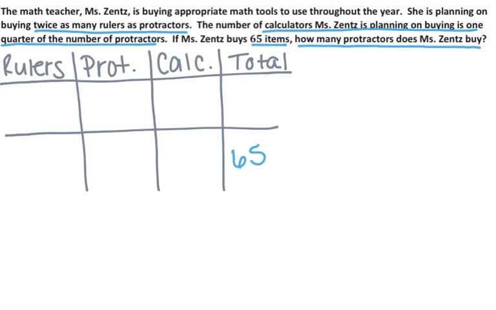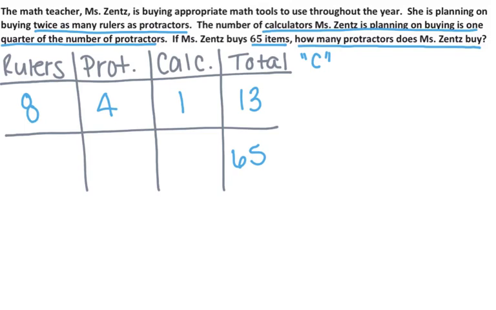So we know that she is planning on buying 1/4 of the number of protractors for calculators, so we're going to say that calculators is 1, so we'll use the variable of c. And she has twice as many rulers as protractors, so 8 and 4. So add them up. 8 plus 4 plus 1 is 13.